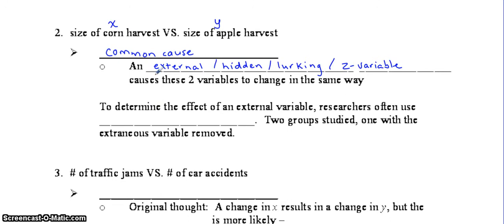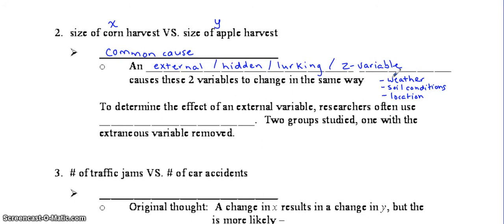Some sort of external variable is causing these two variables to change in the same way. That could be weather, soil conditions, location, things like that. Those could be the Z variable.